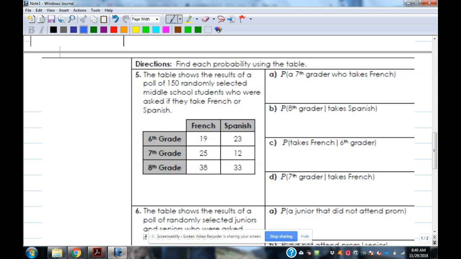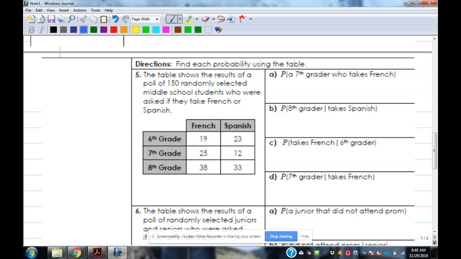How many French are in the 7th grade? 25 people take French. How many people are there total? We're picking from this whole group. We didn't get a given.